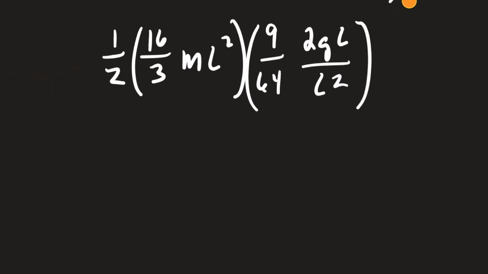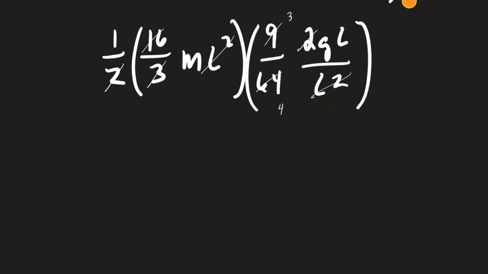All I'm doing is trying to simplify this because there's lots of numbers and things here. So I can do the 3 with the 9. That gives me a 3 there. I can do 16 and 64 because 4 times 16 is 64. I got a 2 and a 2, so I can get rid of those. And I've got an L squared and an L squared. I think that's all I can cancel out.